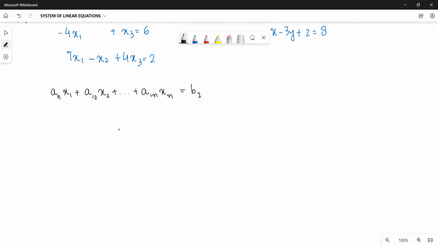Now we need to focus here on the subscripts. Okay, this is a11 x1, a12 x2, a1n xn is equals to b1.